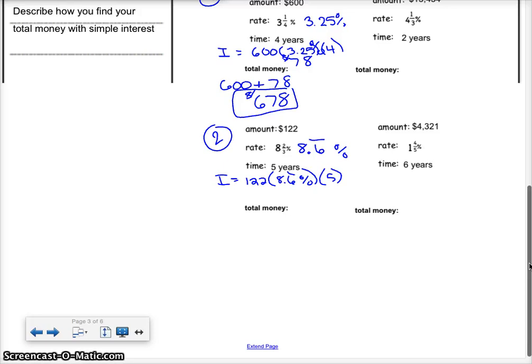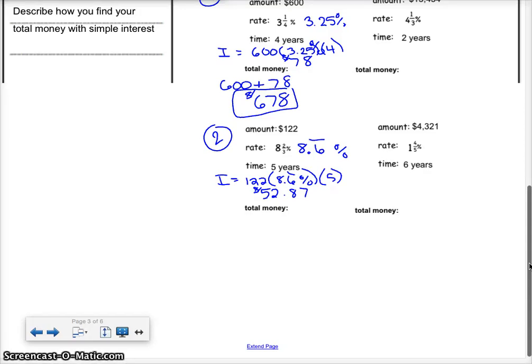So I'm going to go 122 times 8.6666666666 percent times 5. And I'm going to get $52.87. And you all should get that. Whether you get 8 sixes, 9 sixes, 15 sixes, we will all get that.